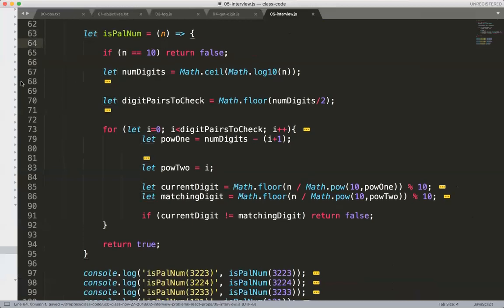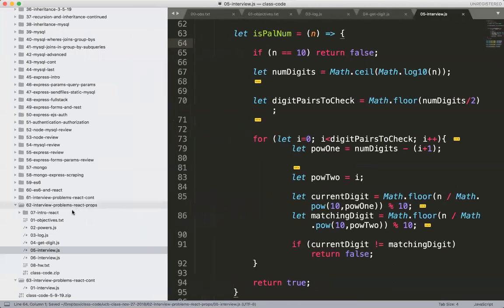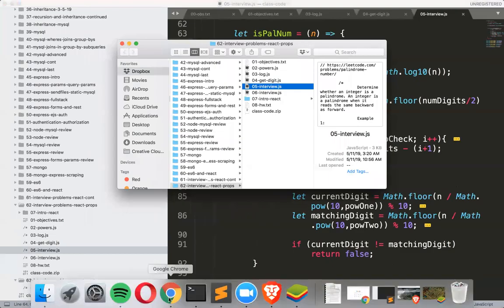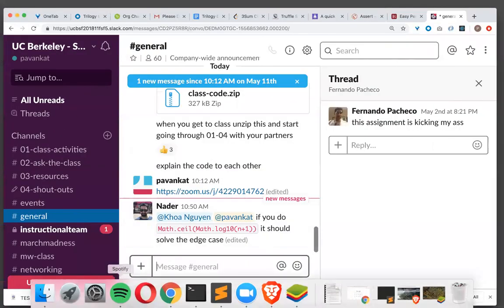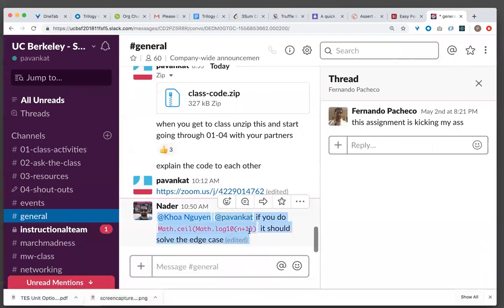All right, so let me send you this file because it's changed a little bit. Oh, wow, cool. Oh, good job, Nadir.